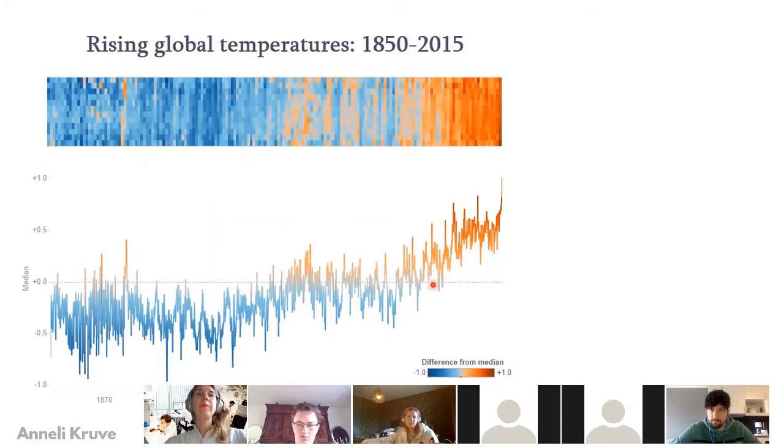Indeed. So here the main idea is to show how the temperature is changing over time. So the basic goal of these graphs is the same. However, here we have a bit less dimension in the sense that we don't have the information about the regions and the information about individual countries as we had in the previous graph.